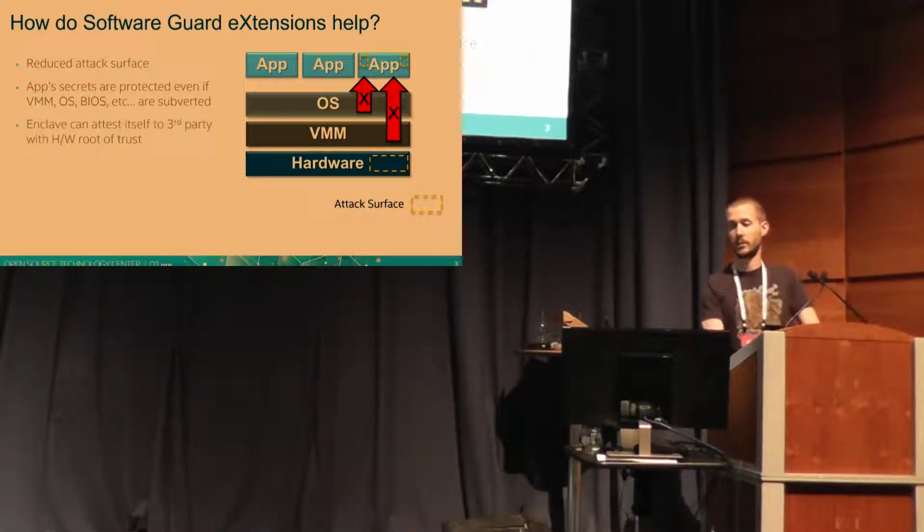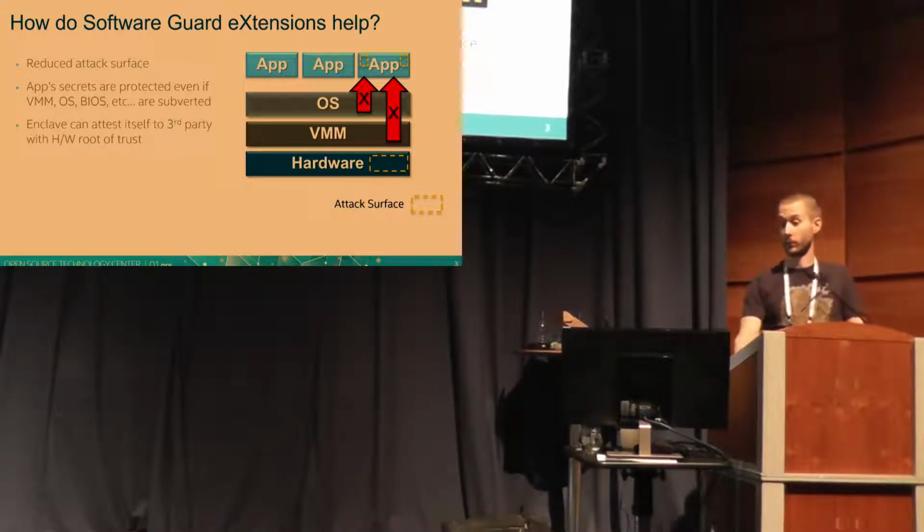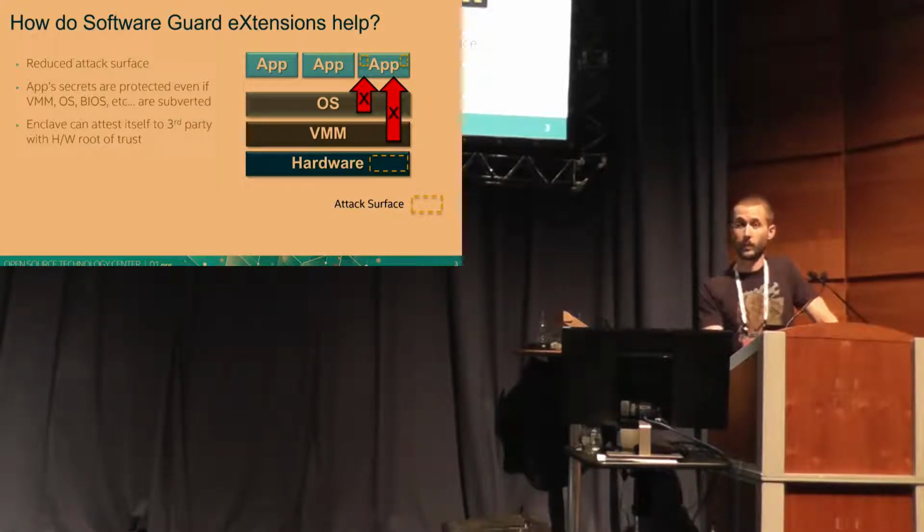The other big piece of SGX that I'm actually not really going to touch on at all today, but it is worth mentioning because it's a large part of the architecture, is attestation. SGX has a root of trust in the hardware, and this means that your application can attest itself to a third party with that hardware root of trust.